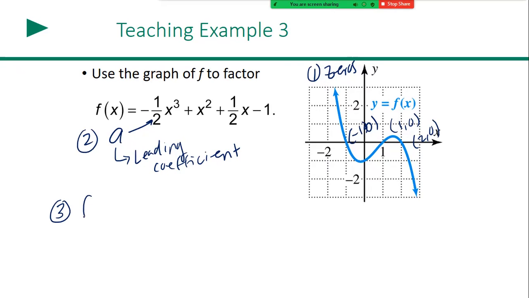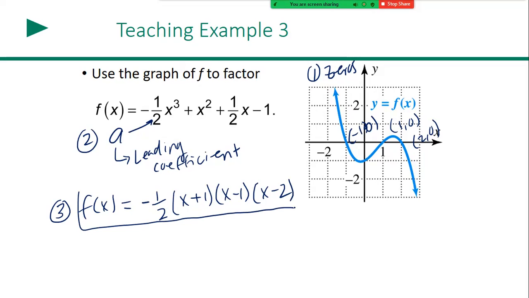Yes. My function is always f of x equals my A, which is -1/2, times my factors: x plus 1, x minus 1, and x minus 2. And that's the function.